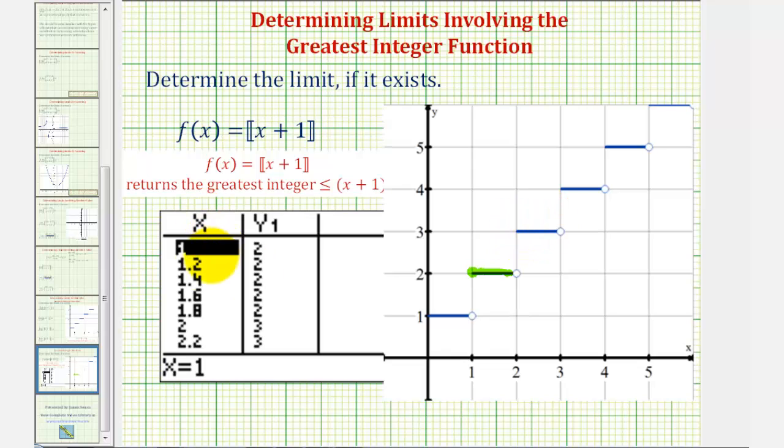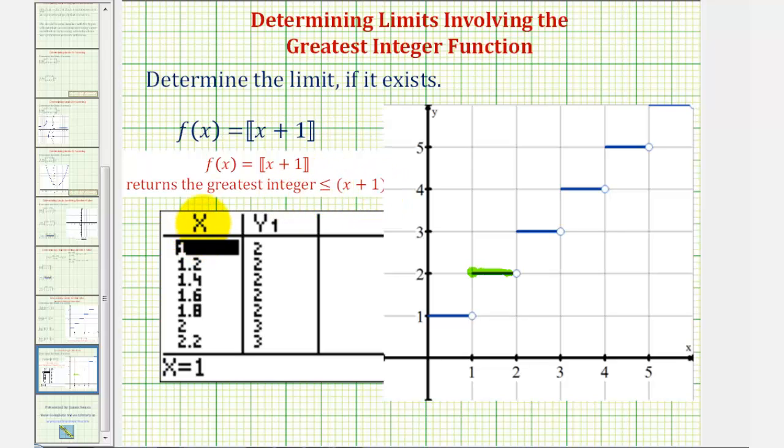So going back to our table of values, notice how for 1.2, 1.4, 1.6, and 1.8, the function values remain at 2. For example, for x equals 1.2, we have the greatest integer of 1.2 plus 1, or 2.2. The greatest integer of 2.2 is 2, since 2 is the greatest integer that is less than or equal to 2.2.